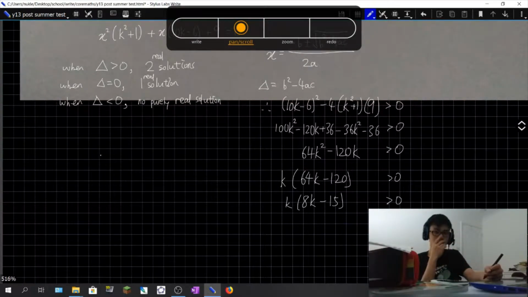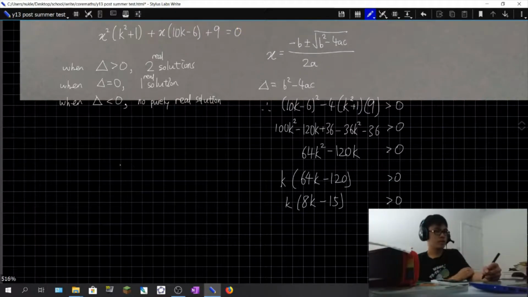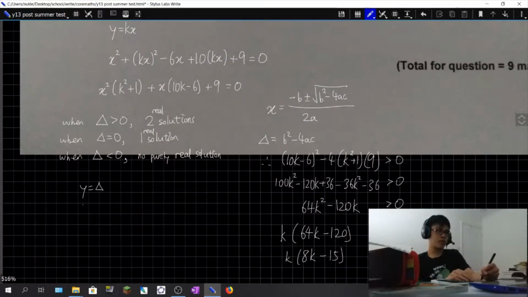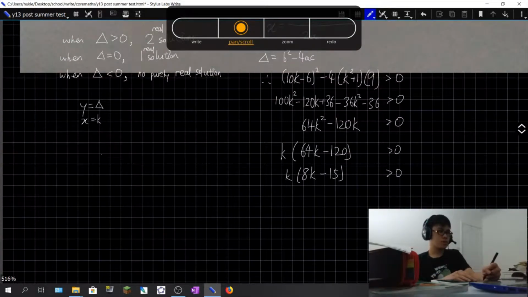So let's draw a graph of k. Let's draw a graph of y is equal to the discriminant and x is equal to k.